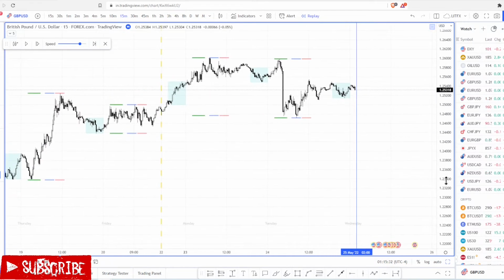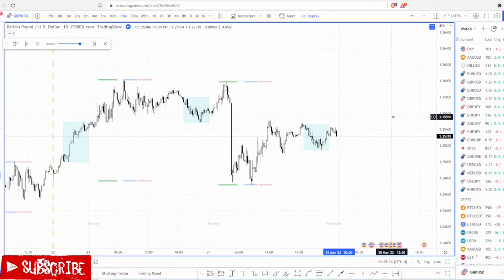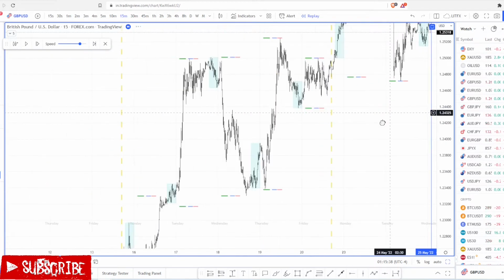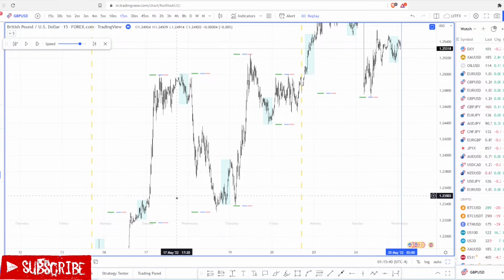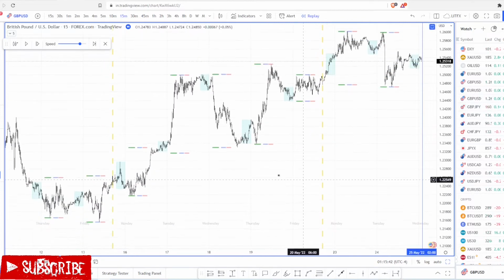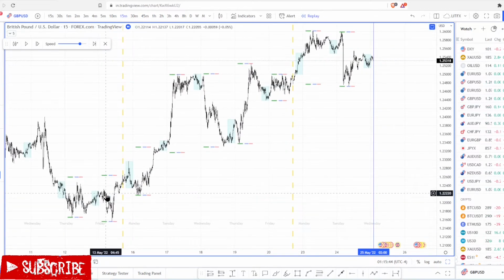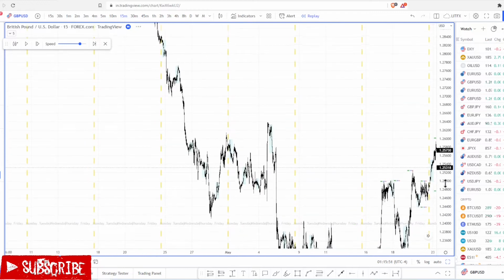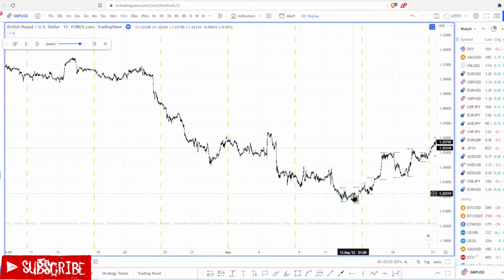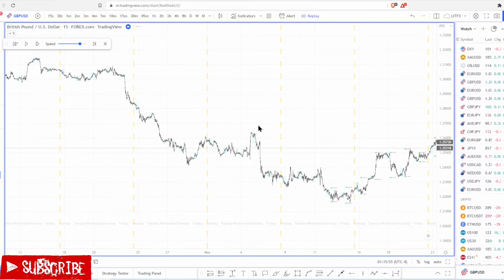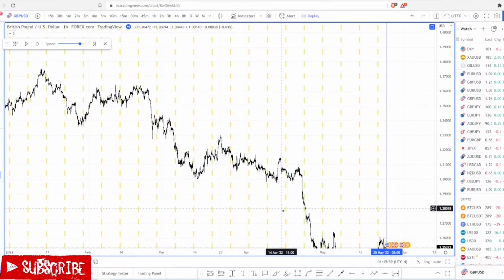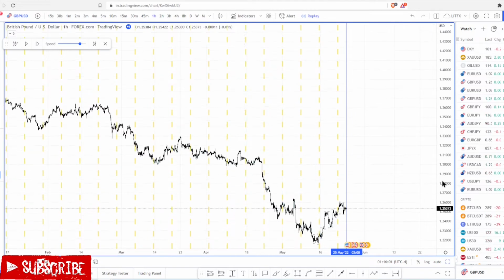All right, let me just give you a breakdown of what I saw. You can see for the past few days from last week, we have had a pretty solid bullish move, an uptrend for GJ, for which for the past few weeks we have been on a downward trend. As you can see on the 1 hour, for the past few weeks we have been on a downtrend.